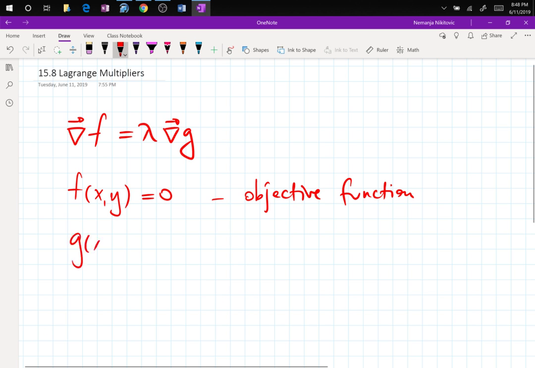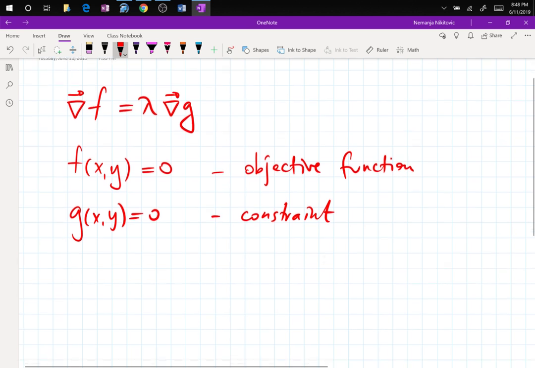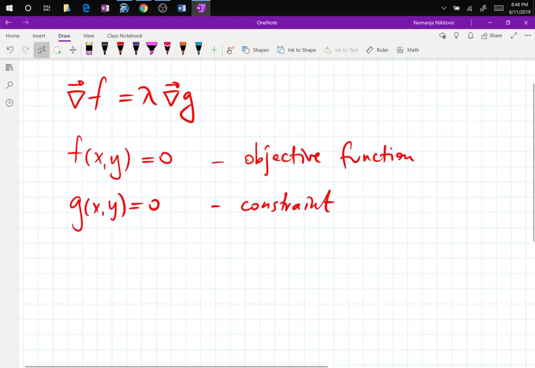And then g of x y equals 0 is the constraint. Now this could be x y z, could be x y, could be x y z w if you want to have a 4-dimensional space, or whatever. So this works in any dimension because, as you can see, your vector equation can have any number of dimensions in it.